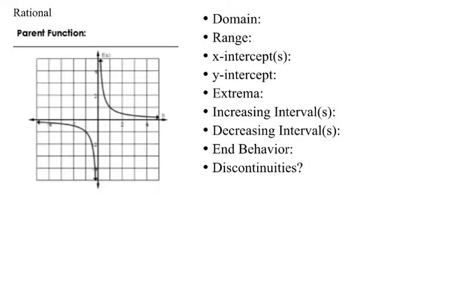Alright. Then we also did rational functions. Sometimes they're called reciprocal functions. These are not my favorite. They look like these crazy curves. Okay, so the domain for this one would be from negative infinity to 0, and then from 0 to positive infinity.